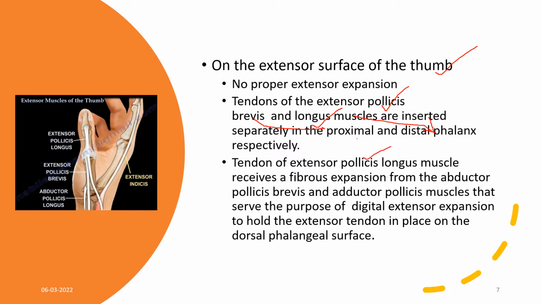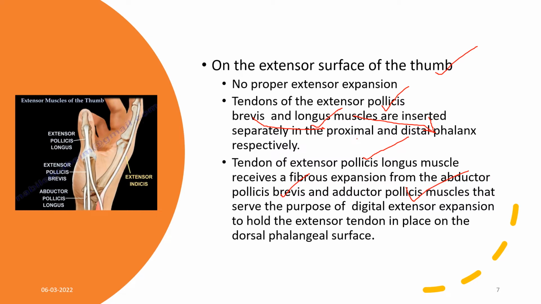So the tendon of extensor pollicis longus muscle is receiving a fibrous expansion from abductor pollicis brevis and adductor pollicis muscles. So the abductor pollicis brevis and adductor pollicis muscles are serving the purpose of digital extensor expansion in relation with the thumb to hold the extensor tendons in place on the dorsal phalangeal surface.